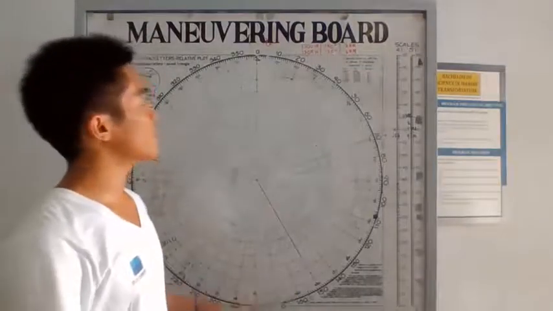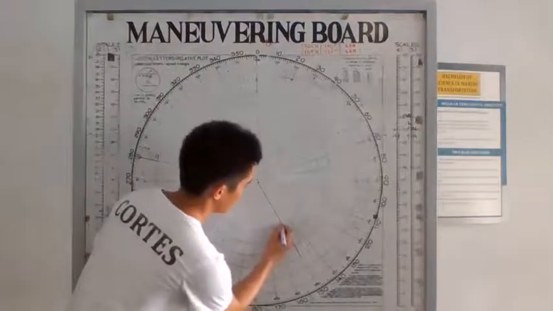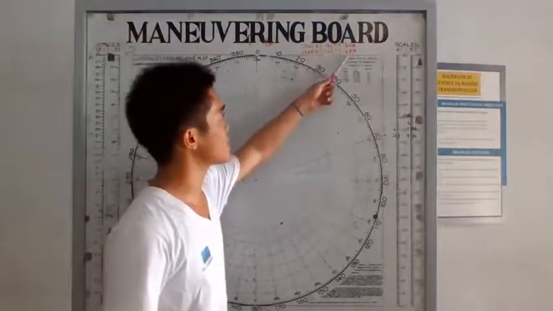The 8 nautical miles is located right here. And the second observation is 135 degrees, 6 nautical miles.